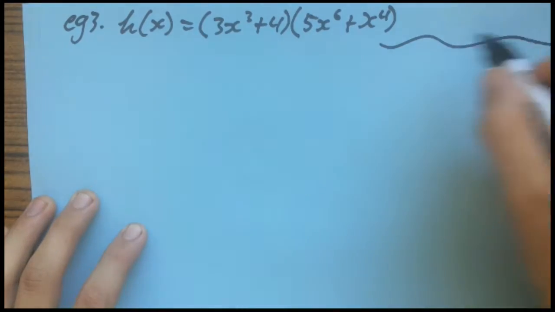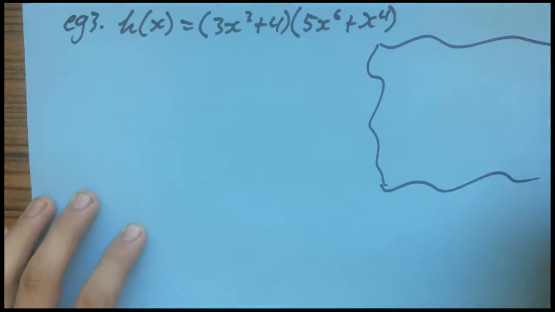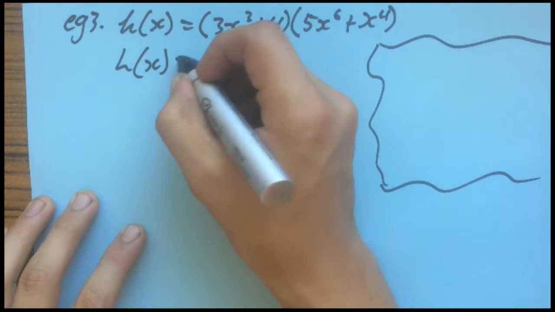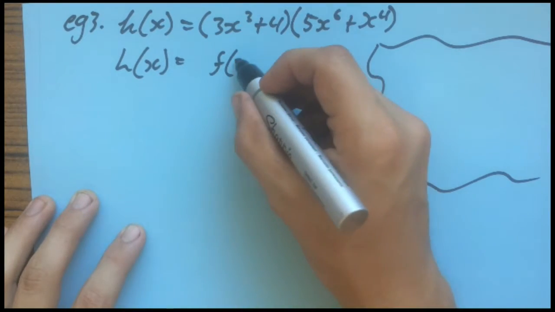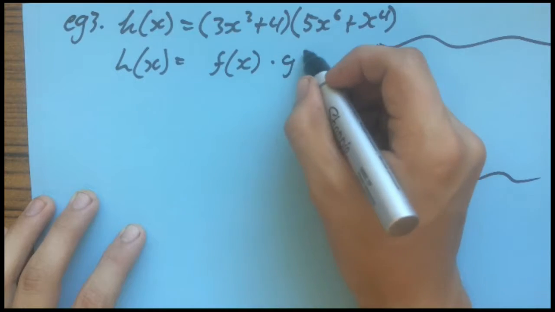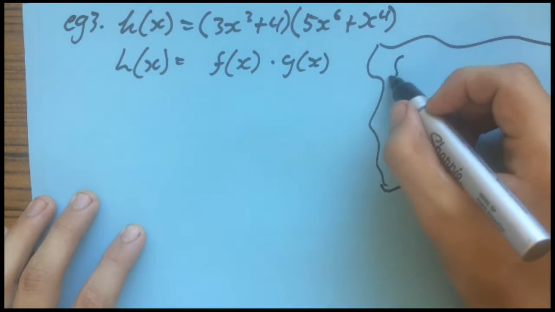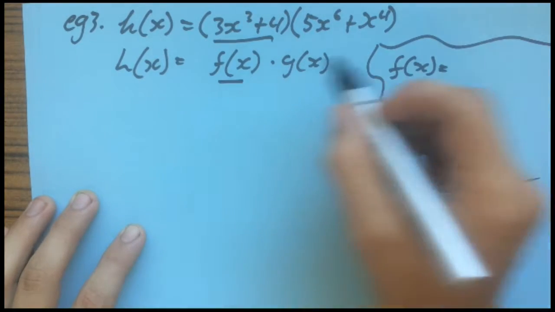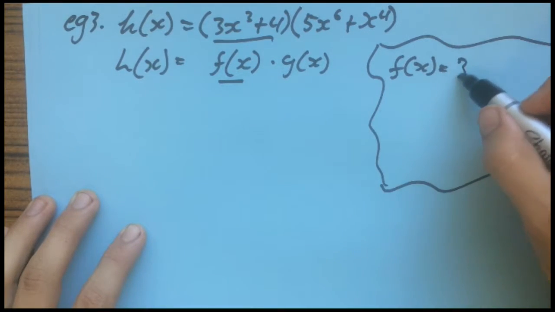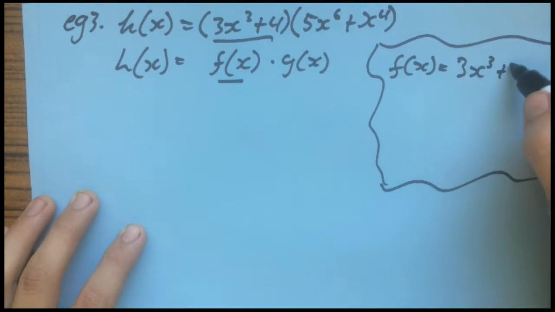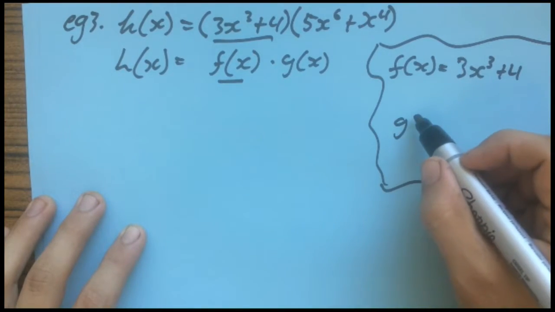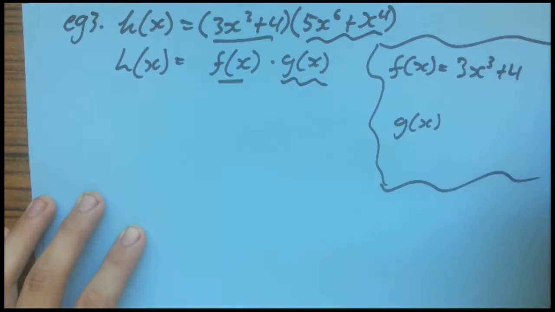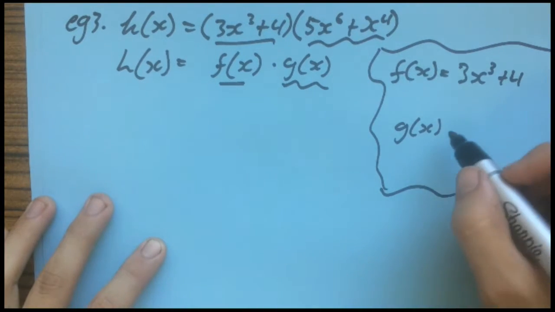Now, we can put a little section in the page where, because h of x, we can label accordingly. Again, f of x can be this up here, 3x to the power of 3 plus 4, and g of x can be this here.